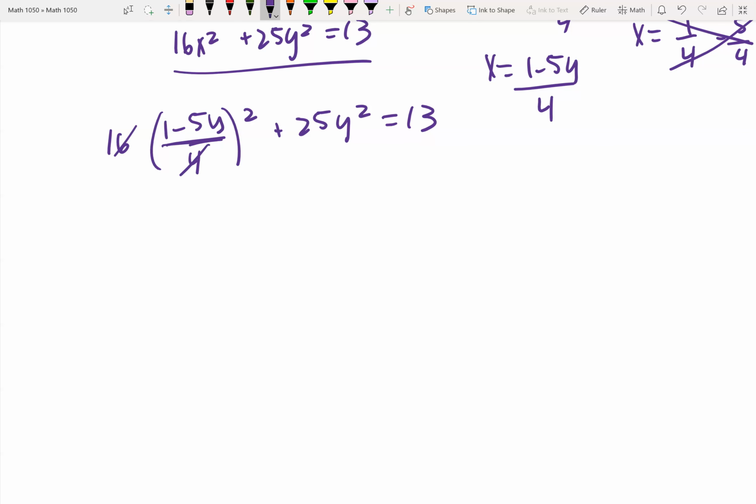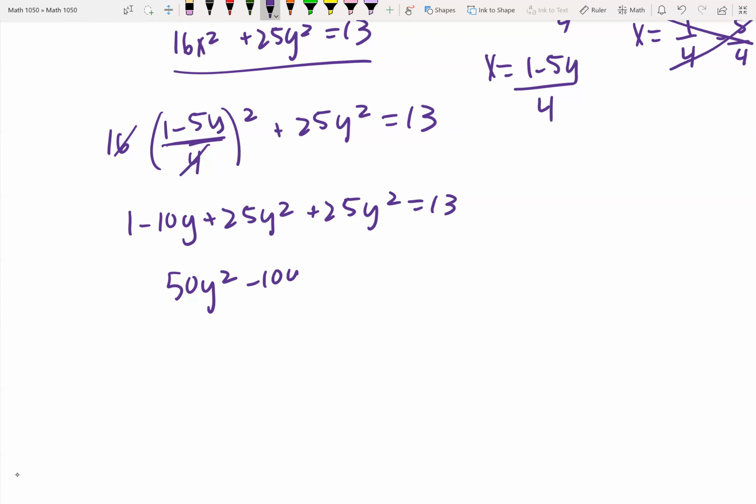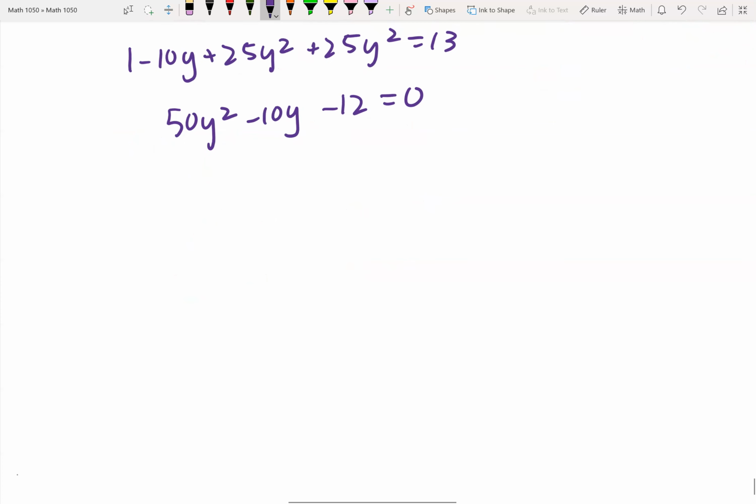Now I FOIL that, so I get 1 minus 10y plus 25y squared. Keep going with the line, 25y squared equals 13. Simplify it, and I get 50y squared minus 10y. The 13 comes over and becomes a negative, and it looks like that. I can take out a 2, and I'm left with 25y squared minus 5y minus 6 equals 0.